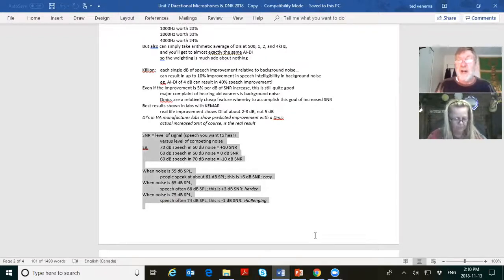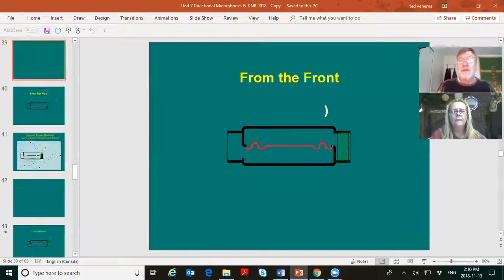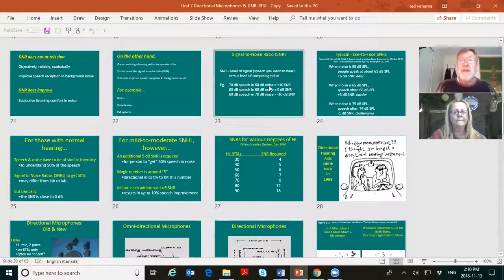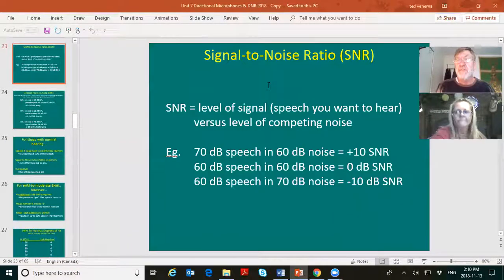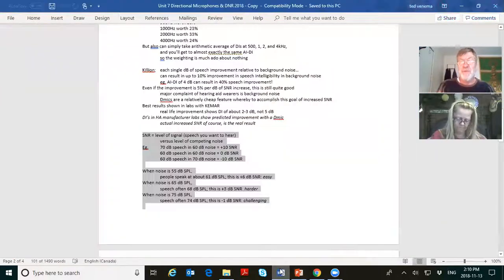If you want to know where, I'll show you right here. That would be this slide here and this slide here. Okay, we've seen this, so this is not new. So that's all this stuff is talking about in your notes.